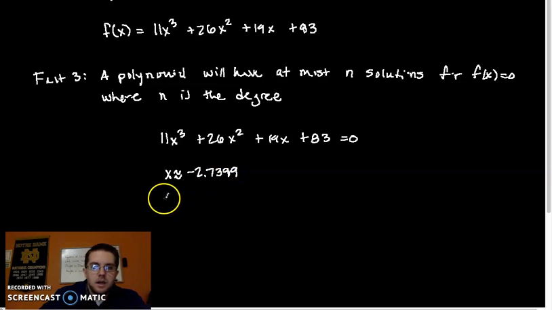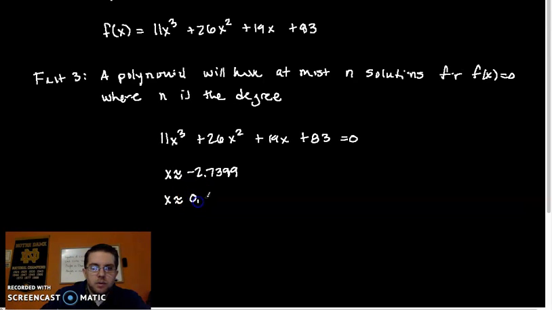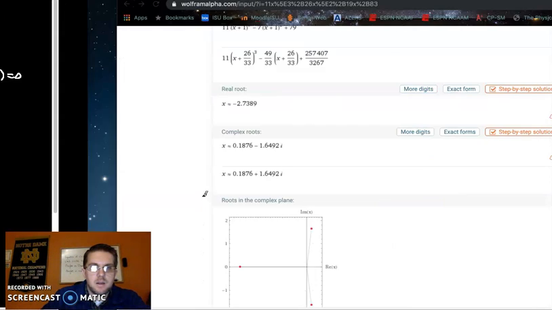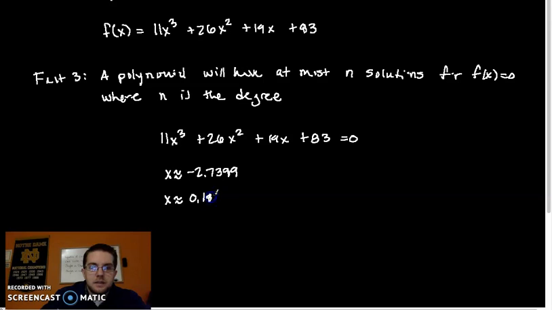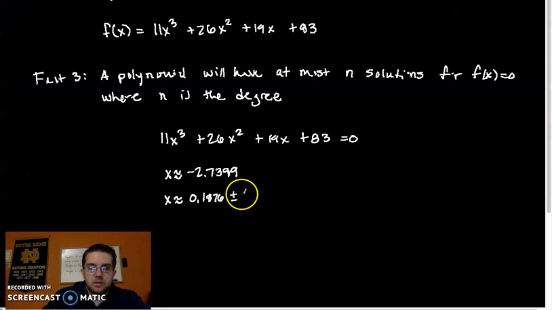Okay, and our complex roots were 0.1876 plus or minus 1.6492i. Okay, so there's 3 solutions, a real and 2 complex.